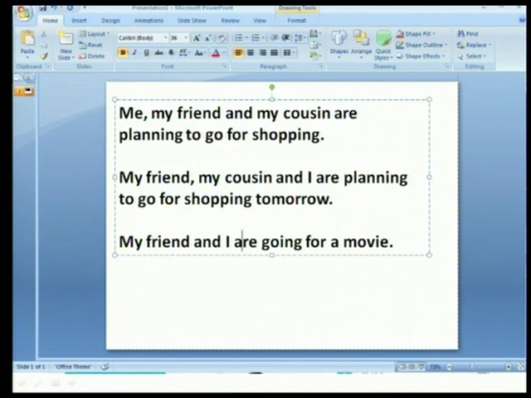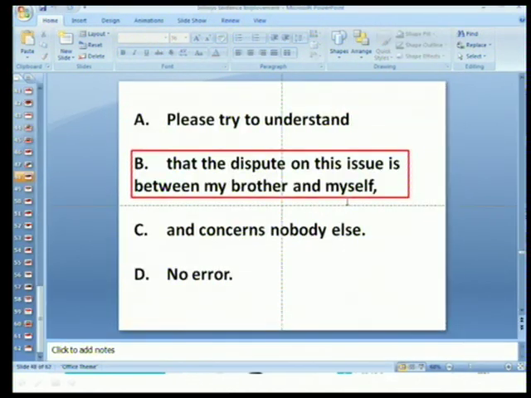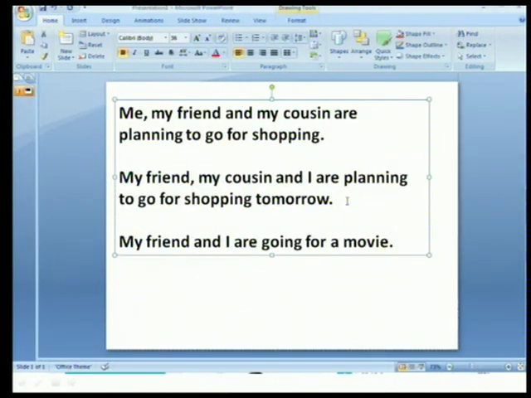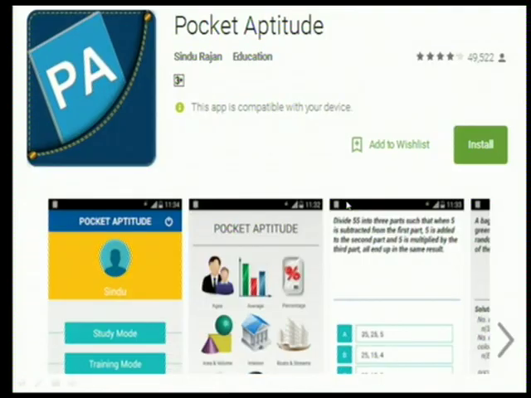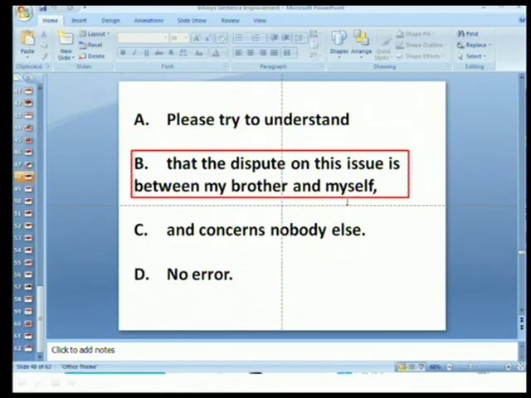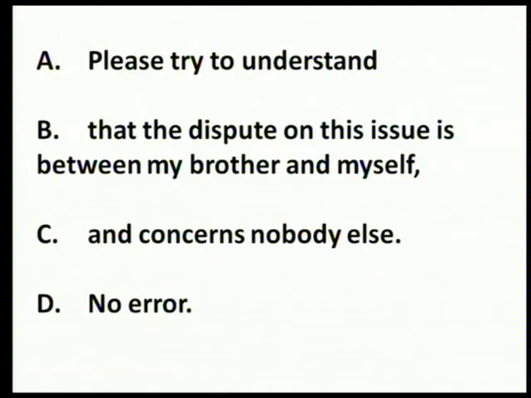Now, why should I use are instead of am? Because I am adding two subjects, my friend and I, and that's a plural form. Got it? So let me go back to the presentation. Okay.